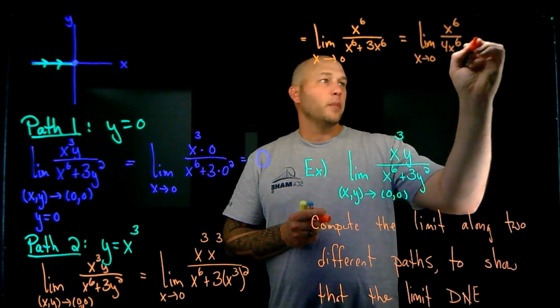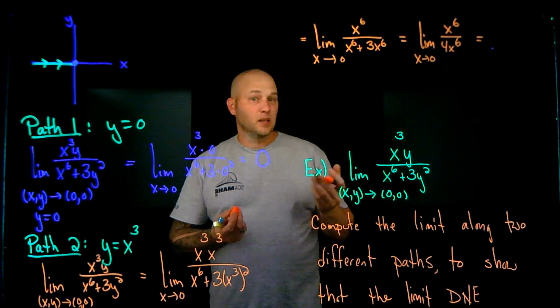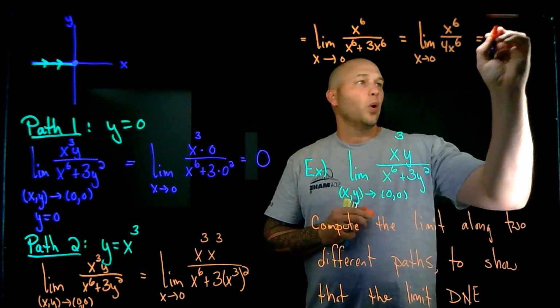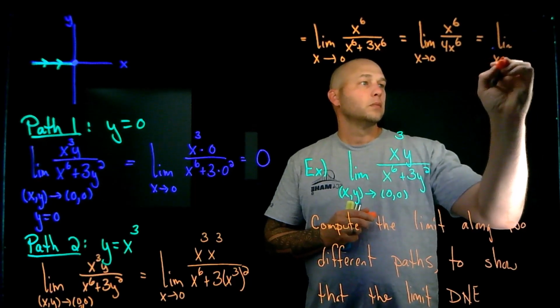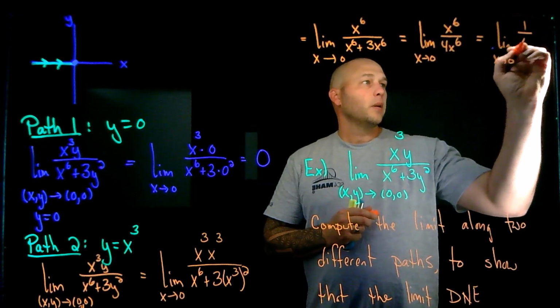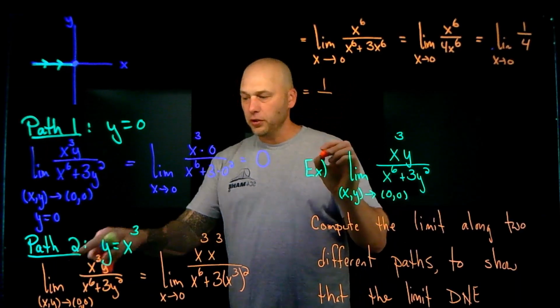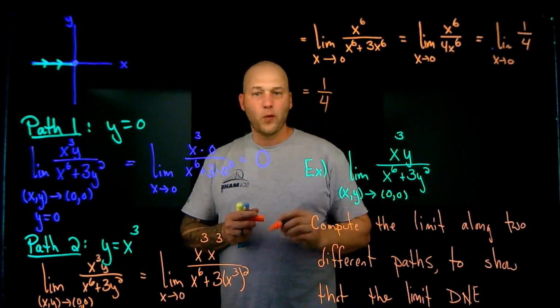And of course, I can't plug 0 into that, but I can simplify the expression first, cancel the x to the 6th, and I get 1/4. The limit of a constant is that constant, so therefore along path 2, I get 1/4.